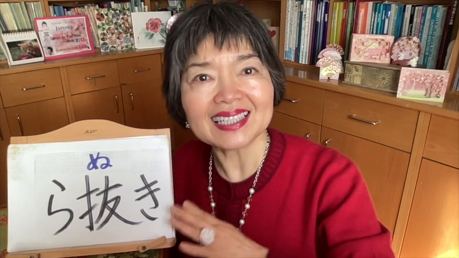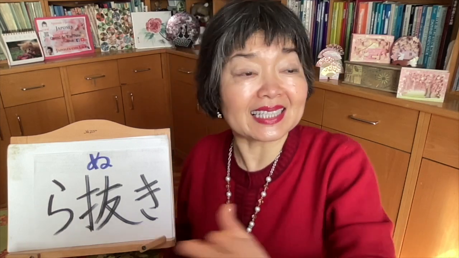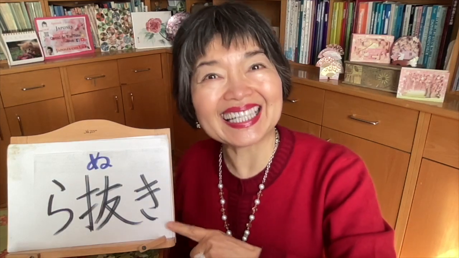As I'm a Japanese teacher, I was wondering if I should tell you this or not, because I want you to know the correct way. But actually, in many occasions we use it without ら. So I wanted you to know this, and please don't get confused. This is not a different grammar, the same grammar, the same potential verbs, but omitting ら.